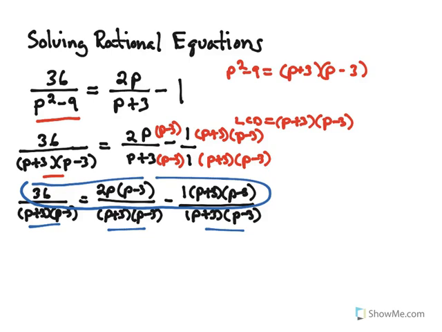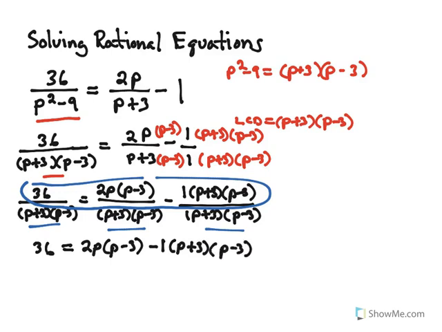So we basically have 36 equals 2p times p minus 3. Now 1 times all of that is just going to give me the same thing back. Actually, let me just write it out so I don't confuse anybody.